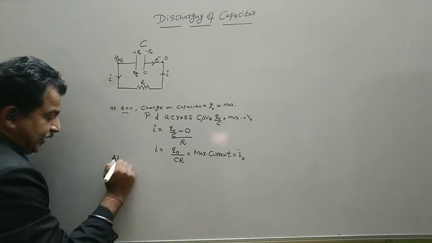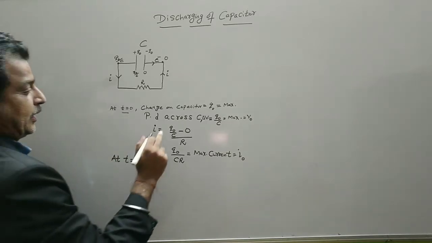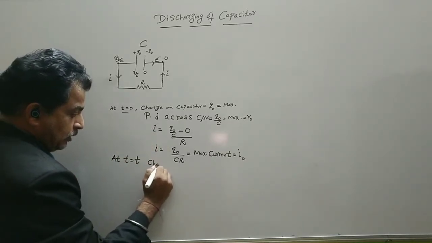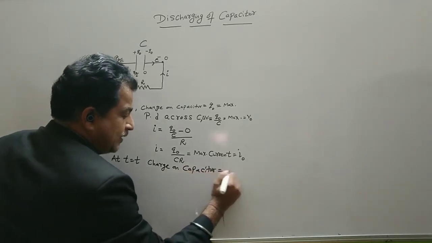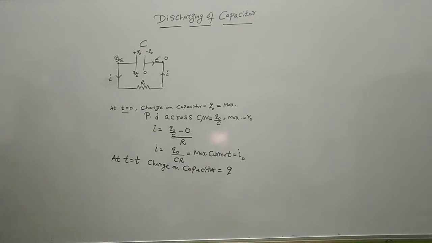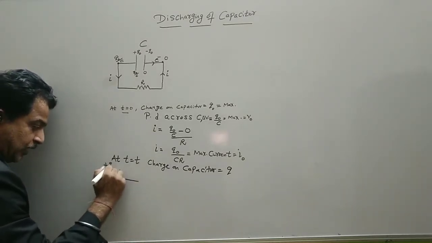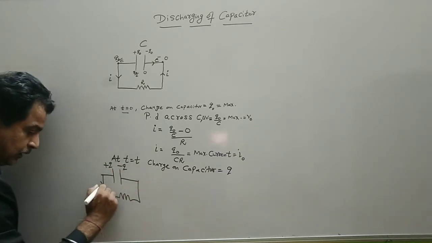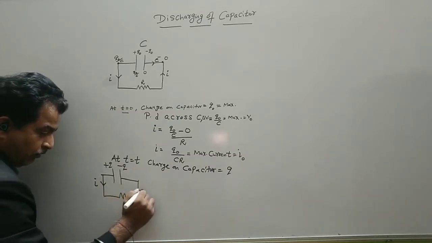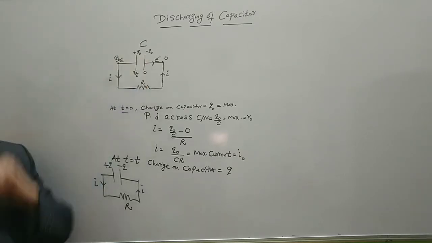Now at time t, let the charge on the capacitor be Q. So now the situation is the charge on the capacitor is plus Q, minus Q. This is your R. This is the current which will start decreasing again. Why? Because the charge is decreasing.